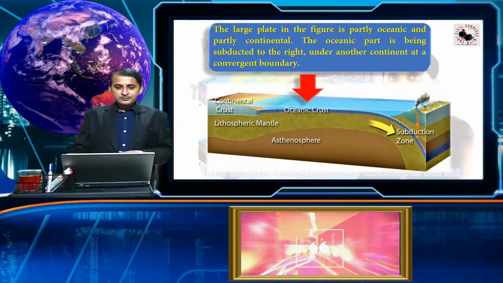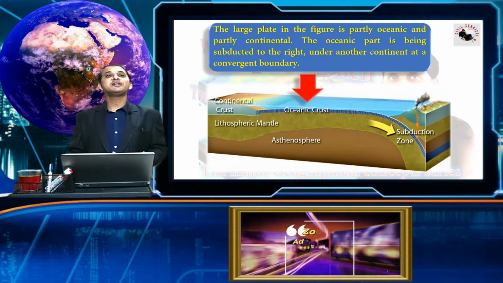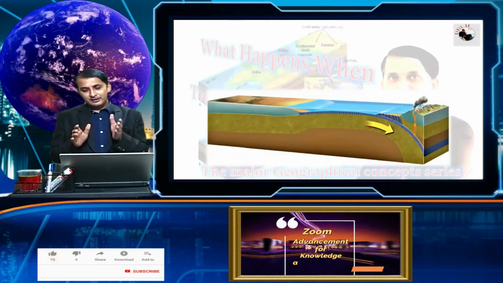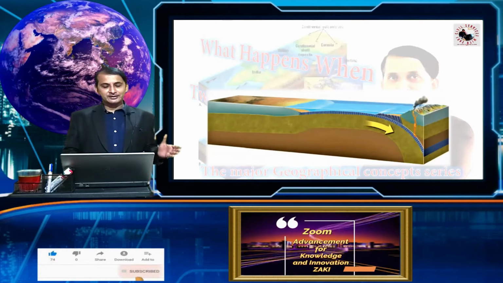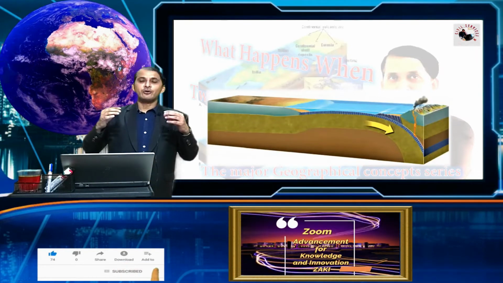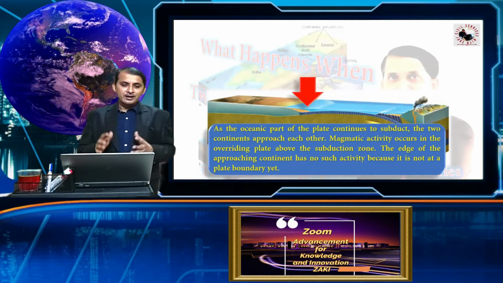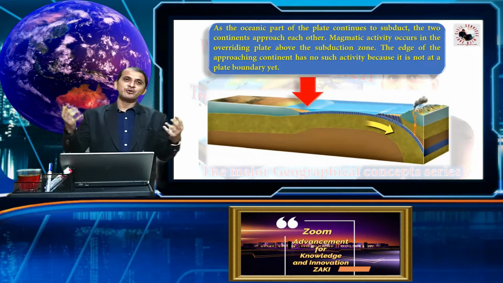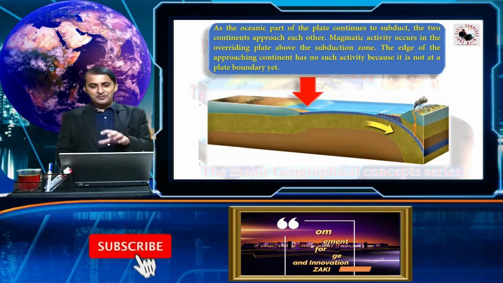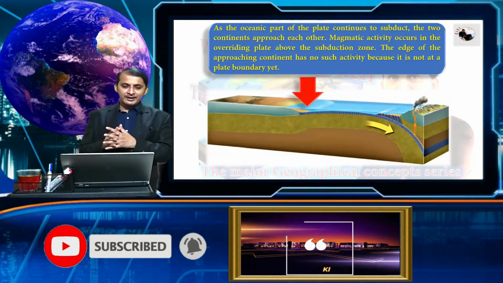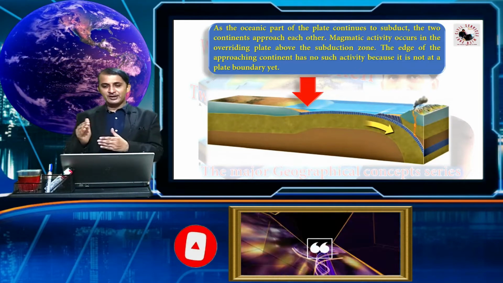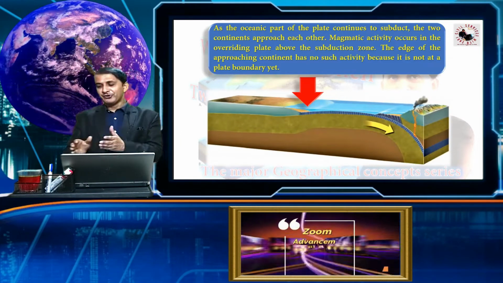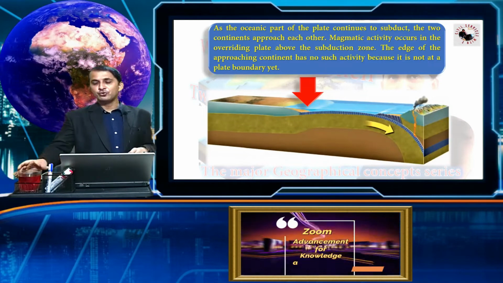Move forward and see what happened in the second stage. In the second stage, the plate subducts on the other side, and the two continents come closer to each other. As the oceanic part of the plate continues to subduct, the two continents approach each other. Magmatic activity occurs at the overriding plate above the subduction zone. The subduction zone is the boundary between the two plates.